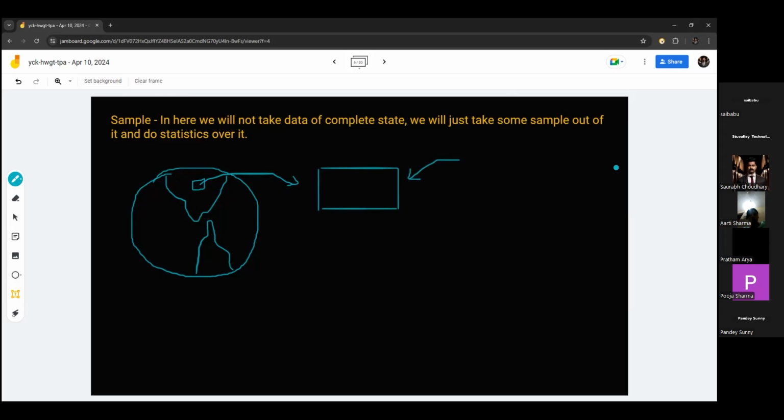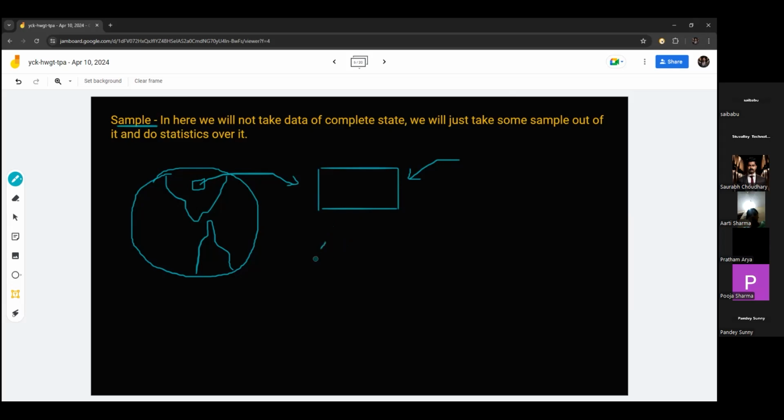N is the whole population, and n is the sample size. In simple terms, this is a sample.